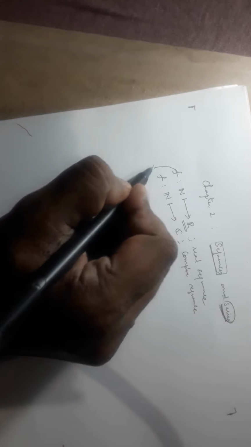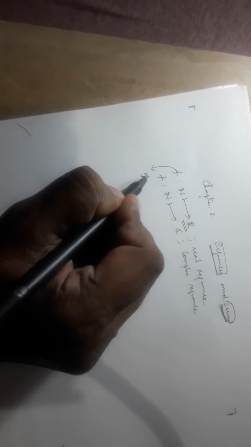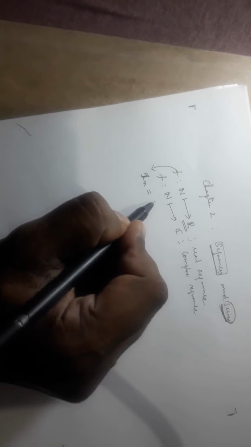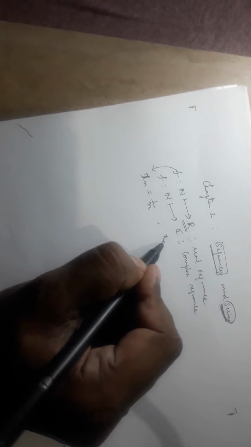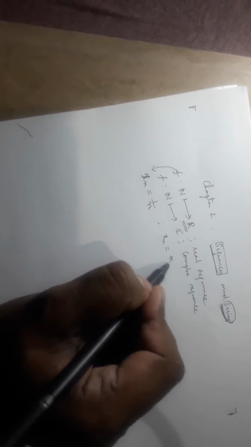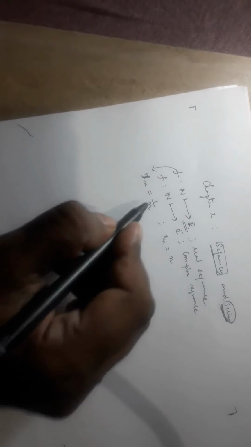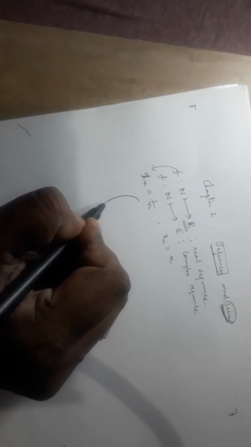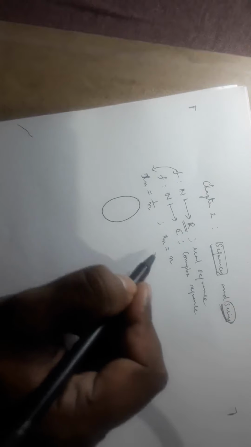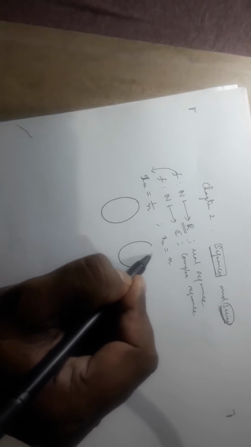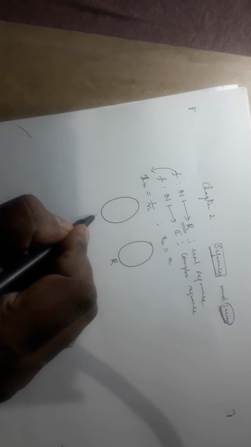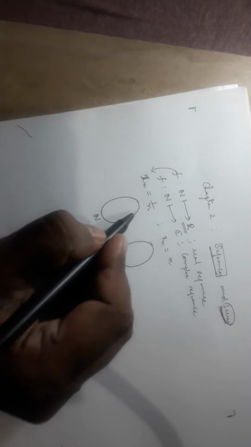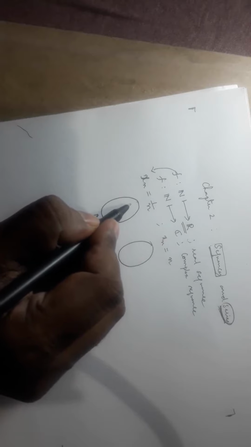For example, if I give xn equals 1 by n, or else xn equals n. As we know, the domain is natural numbers and the codomain is real numbers or complex numbers. So what do we get if n is equal to 1?